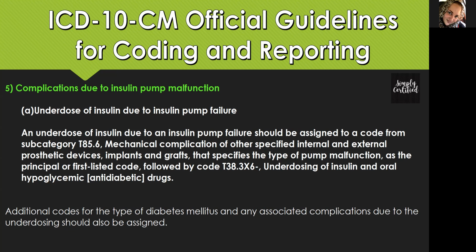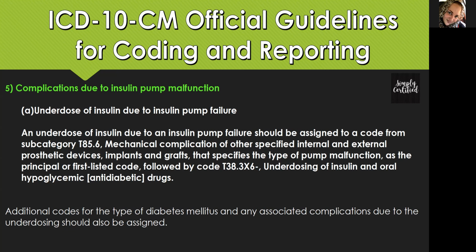That specifies the type of pump malfunction as the principal or first listed code, followed by code T38.3X6 dash. That means there is a 7th character. And that code is for underdosing of insulin and oral hypoglycemic anti-diabetic drugs.